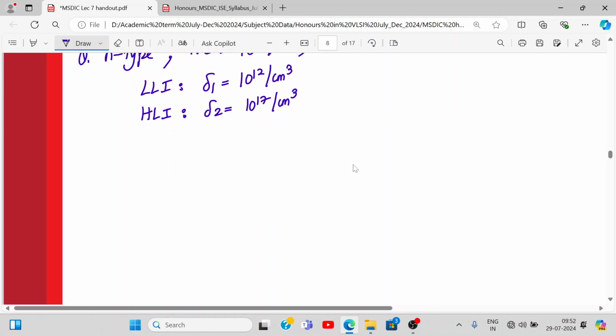Now we have to plot all of them on a concentration scale. I am plotting it vertically. This is concentration in log scale, because you cannot plot 1 lakh and 10 lakh and 10,000 on one scale. That is why we have a log scale.